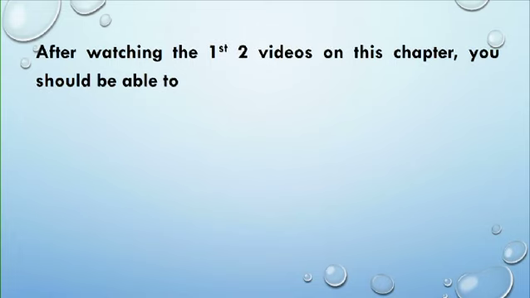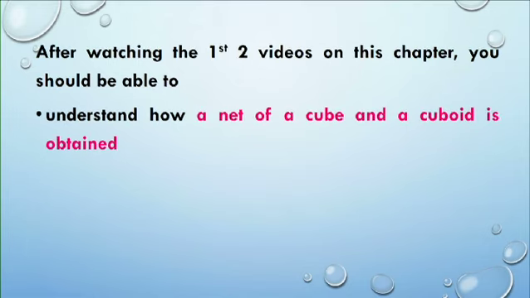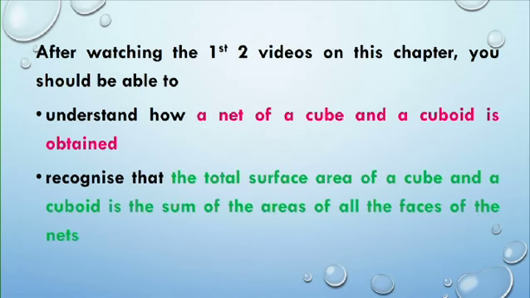So after watching the first two videos on this chapter, you should be able to understand how a net of a cube and a cuboid is obtained. You must also be able to recognize that the total surface area of a cube and a cuboid is the sum of the areas of all the faces of the nets.